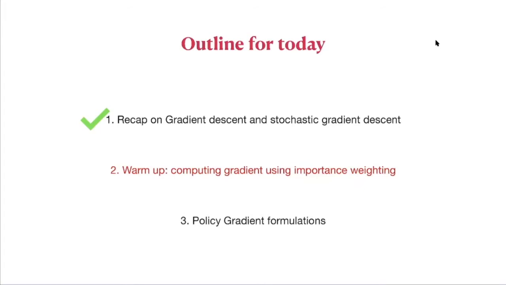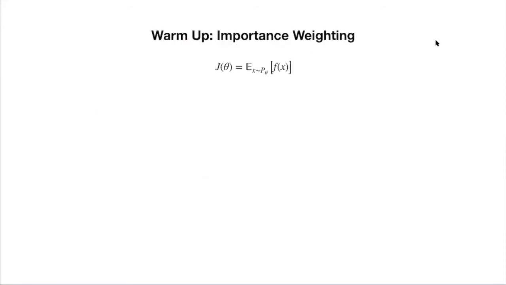Okay, great. Now let's go to the second point, where we will see how we can actually compute gradient using this trick called importance weighting. Okay, so let's say I want to optimize this function, J theta, but my J theta is parameterized in this way. Instead of parameterizing some function, I'm actually parameterizing the distribution where I sample x.